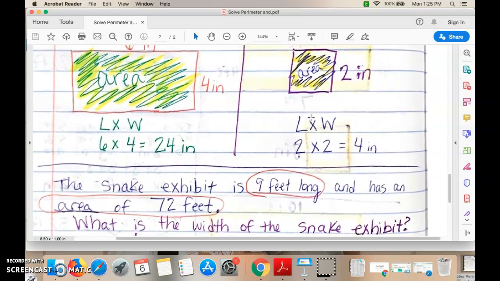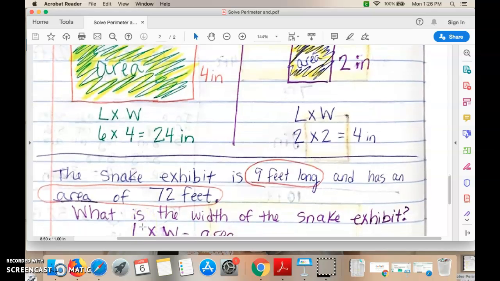So if I have a snake exhibit that is 9 feet long and has an area of 72 feet, they gave me the length, 9 feet long, but they never told me what my width is, how wide it is. But they gave me the area.